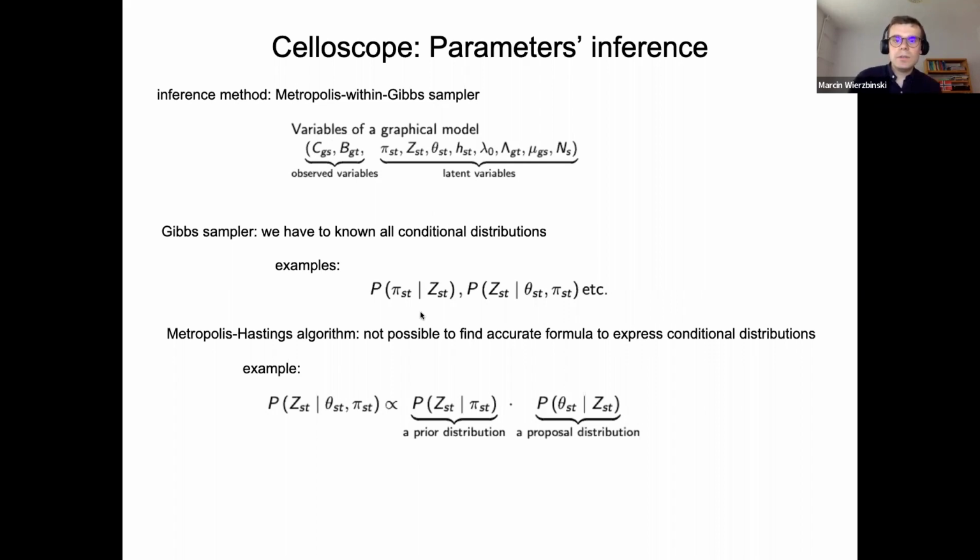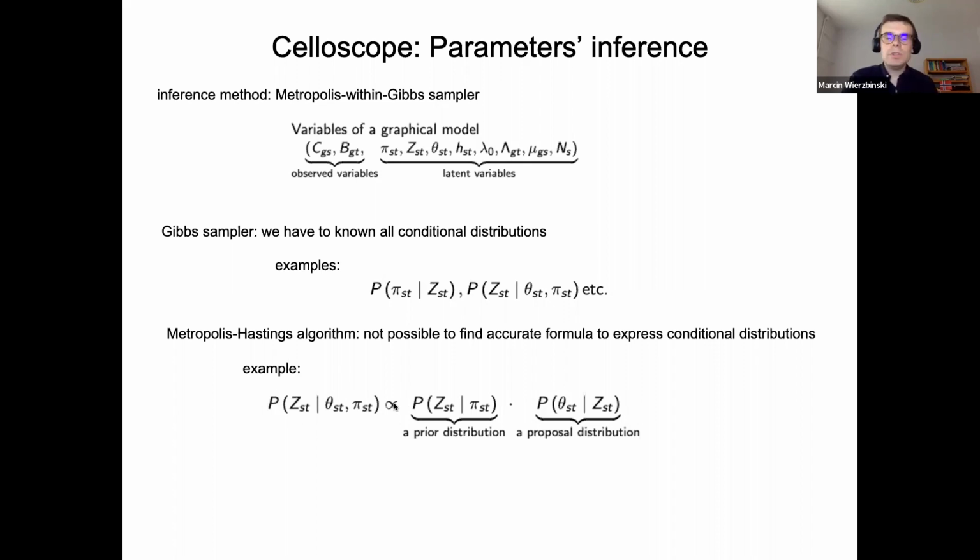So we have the structure where we want to sample from the conditional probability, like here. We only assume this distribution, and we want to sample the PST from this conditional distribution.